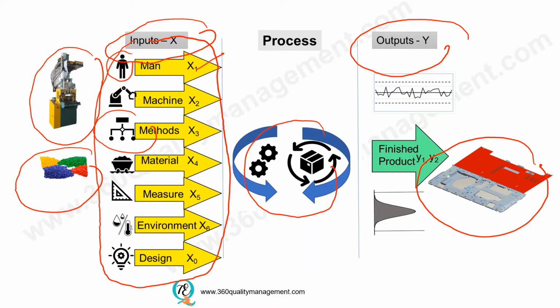Measure is the measurement process that will measure some of the key dimensions of the laptop chassis. And environment is for products that could be sensitive to certain environmental factors such as moisture, which needs to be controlled during the molding process, and the pellets need to be dry.